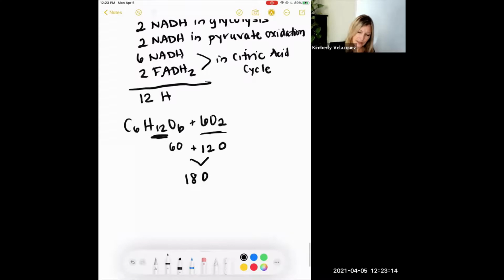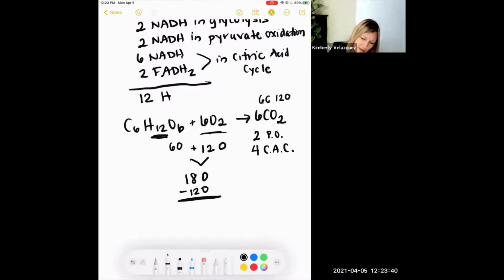If we release 6 CO2, remember 2 during pyruvate oxidation and 4 in citric acid cycle, that's the 6. That's 6 carbons and 12 oxygens. So minus 12 oxygens, there's 6 oxygens left.